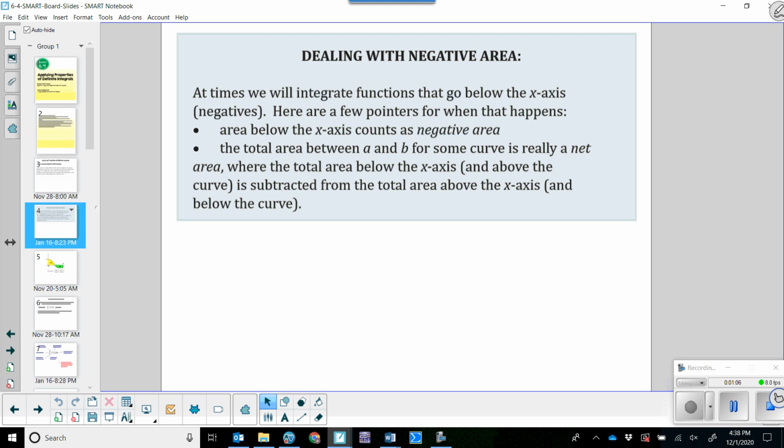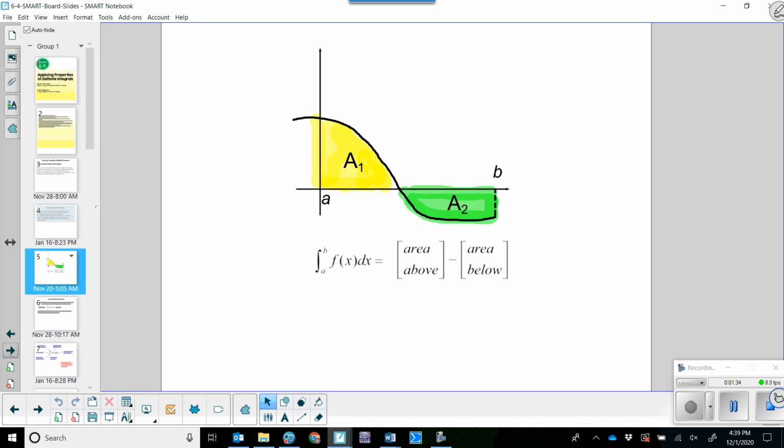So if you are integrating and some parts are above and some are below, you're adding positives and negatives, and you can actually get an answer of 0. If we truly want the area under the curve, we either have to take the absolute value of the parts that are underneath, or we just have to consider that we're going to have to deal sometimes with negative area.